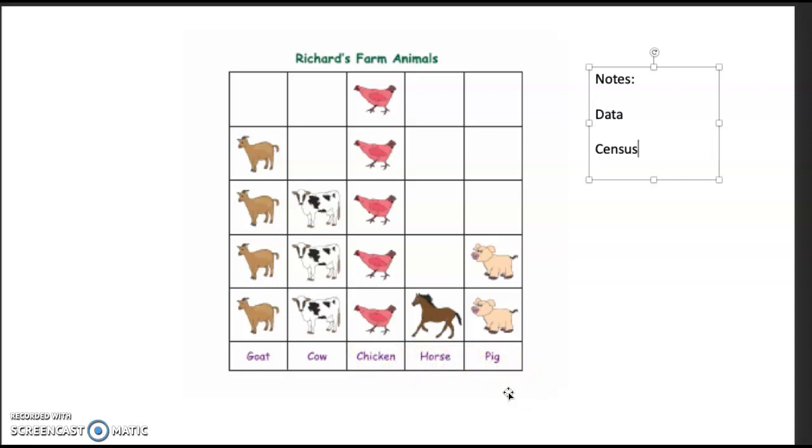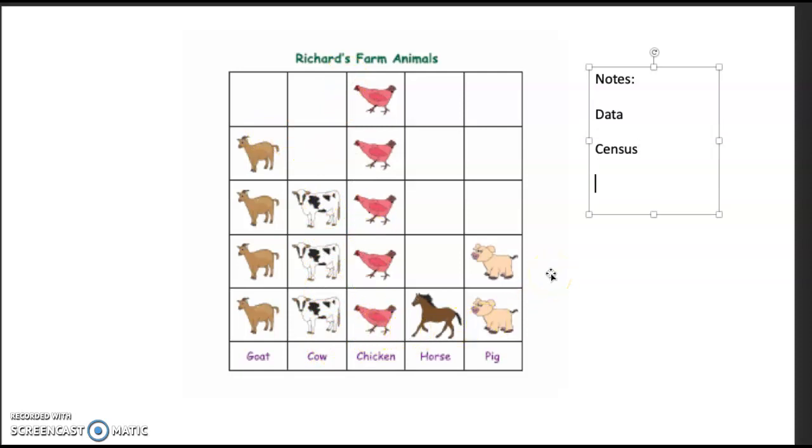Now, as you're looking at this, you're probably going, why are there more goat pictures than there are pigs? Well, each picture actually represents one animal of that. So if we can see the goats over here, we see that he has 4 goats. 1, 2, 3, 4. And then he has some cows and some chickens and a horse and a pig.